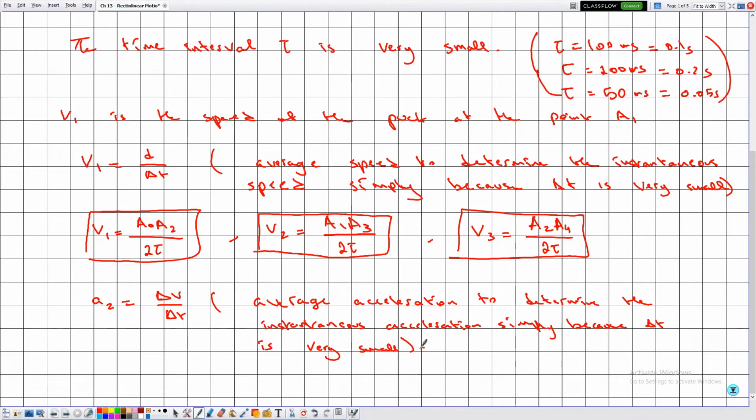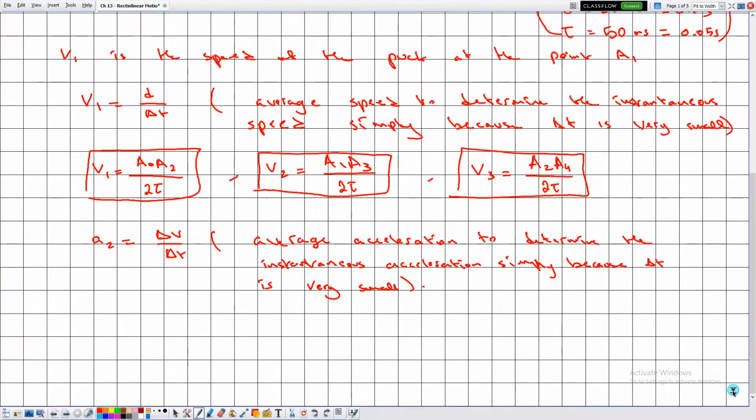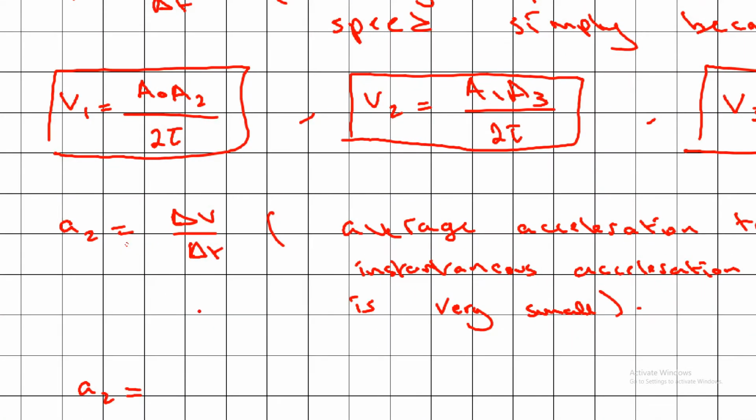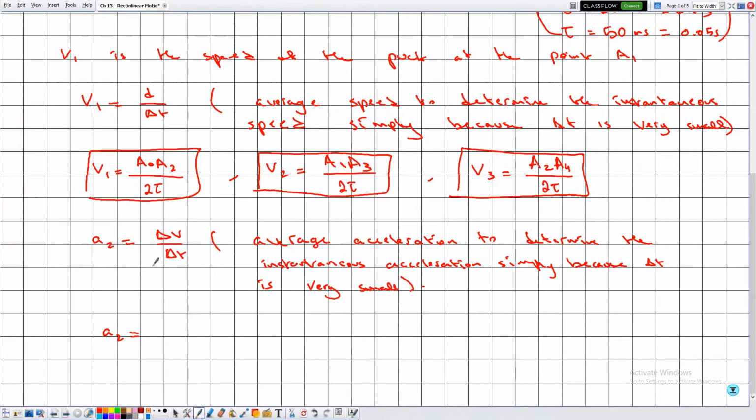Okay. So in this case, how do we calculate the acceleration A2? It is the variation in speed over the variation of time. So simply it would be given by V3 minus V1 over how many time intervals? 2 tau, okay, as we shall see in the exercises.